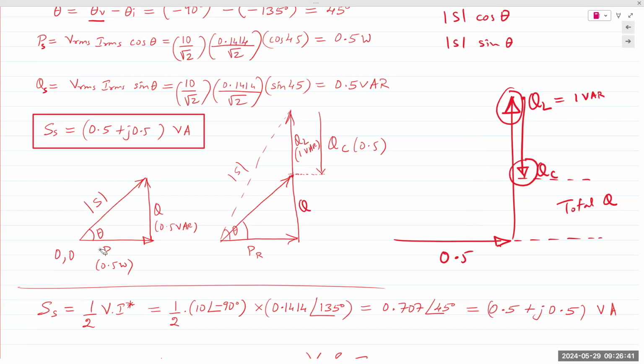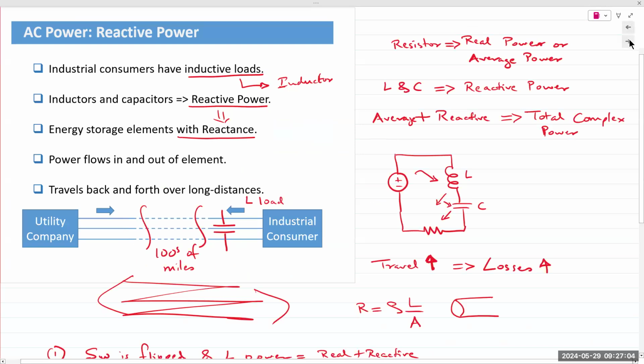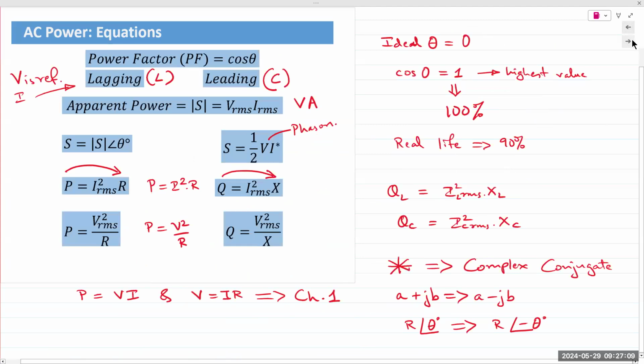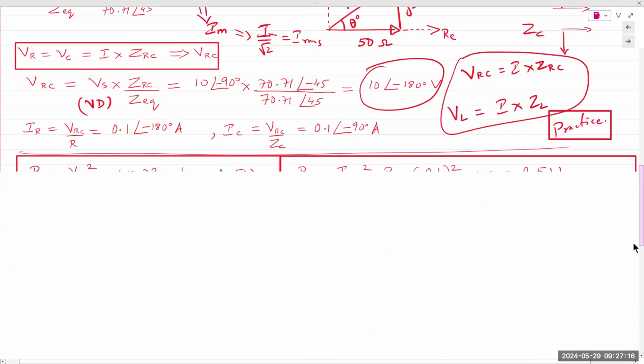And the process of reducing the required reactive power is known as power factor correction. Power factor, cosine of theta. All right.